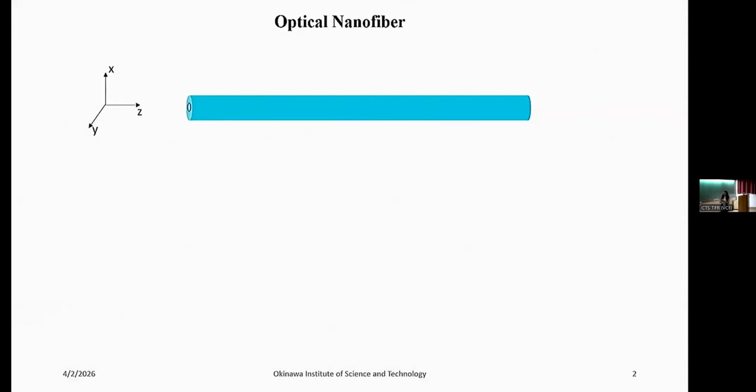First, let me introduce what an optical nanofiber is. A conventional fiber is well known, with a core and cladding in the micron range, and experimentally it can be tapered using stretching and heating.